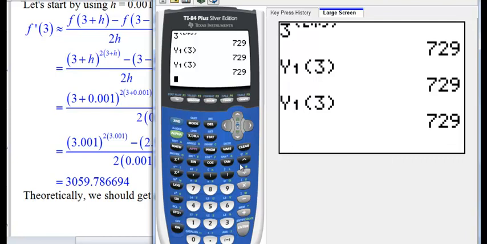Now let me show you a shortcut to that if you have the newer operating system. So the way I showed you just now is what it would look like on a TI83, a TI82, or the older operating system on a TI84. But you can upgrade the operating system on a TI84. By the way, I have a video on how to do that in my algebra videos. Look in the algebra playlist and you can see how to upgrade the operating system on TI84.